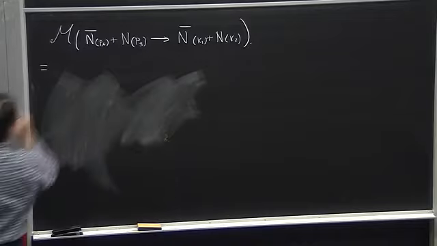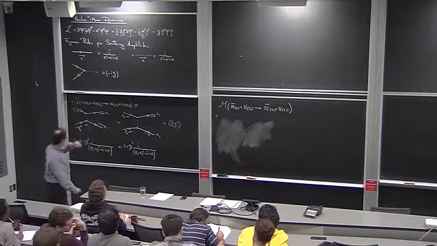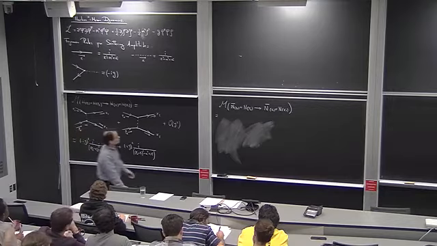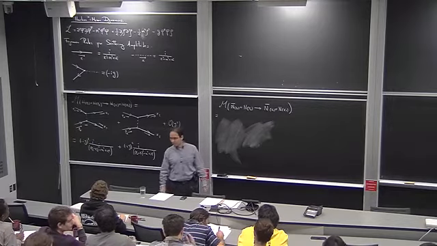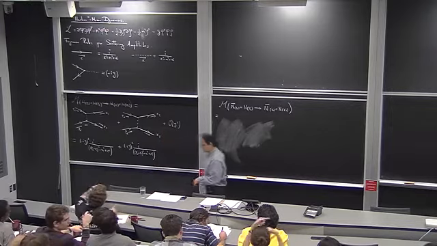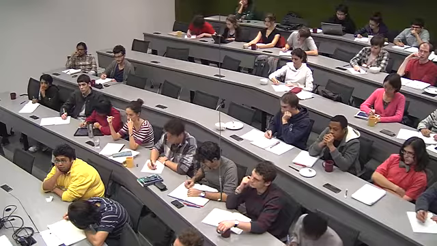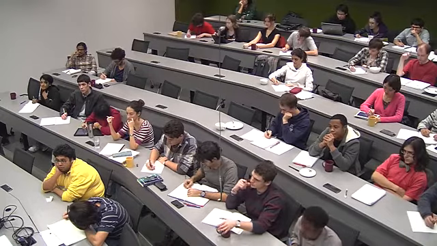Okay? So where are the Feynman diagrams this time? Okay, yeah, so for B, we have a line like this.